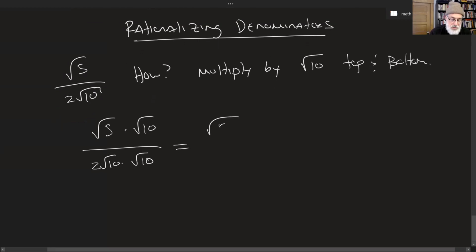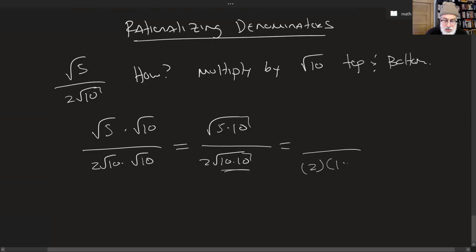I'm just going to write it using our rules. And you should see down here that I have the square root of 10 times the square root of 10, which I can evaluate as 10. Two numbers that multiply to give me 100 are 10 times 10, so I bring out a 10.